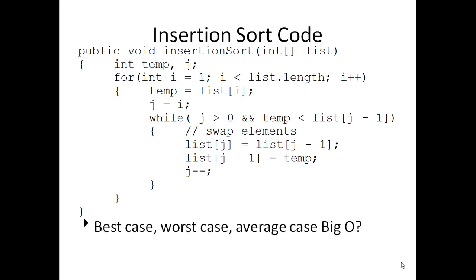Then come to pass 4. Again same process. What I need to do in pass 4? Which element I take? A of 3, the third element. Before I insert A of 3, A of 0, A of 1, A of 2 must be certain. Then only I can insert A of 3. So already at the end of stage 3, A of 0, A of 1, A of 2 are already certain. So I take the third element of my array, A of 3, which is 55.